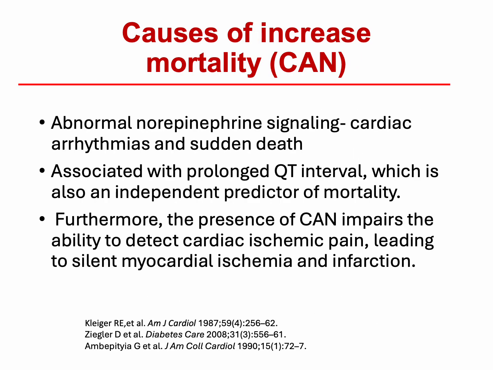The cause of increased mortality is attributed to abnormal norepinephrine signaling resulting in cardiac arrhythmias and sudden death. Autonomic neuropathy is associated with prolonged QT interval, which is also an independent predictor of mortality. Furthermore, the presence of CAN impairs the ability to detect cardiac ischemic pain, leading to silent myocardial ischemia and infarction.